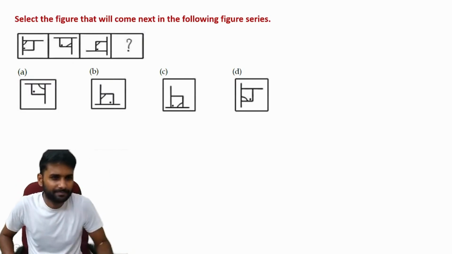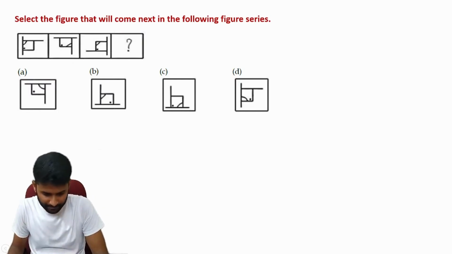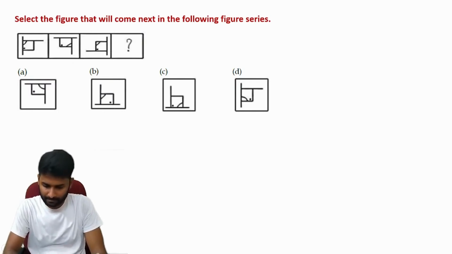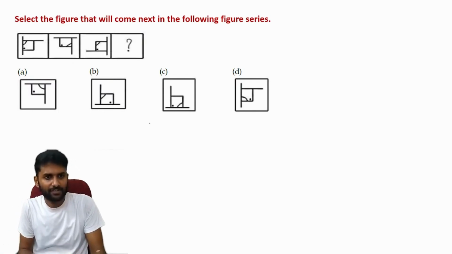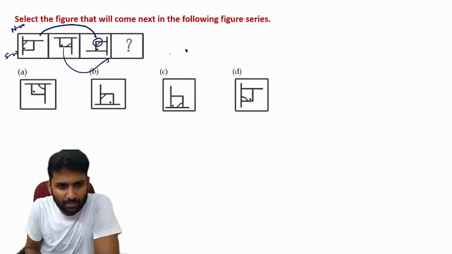Find the answer here. Now see, if you observe the relation from picture 1 to picture 3, the curve is located in the same direction, in the northwest, and the dot is in the southwest. In the same way, the dot is always in the southwest and the curve is always in the southeast.